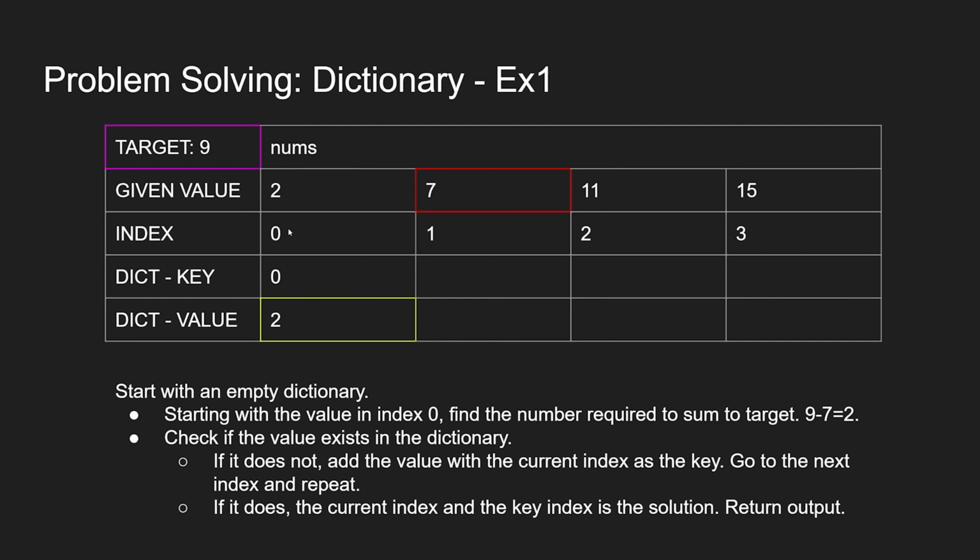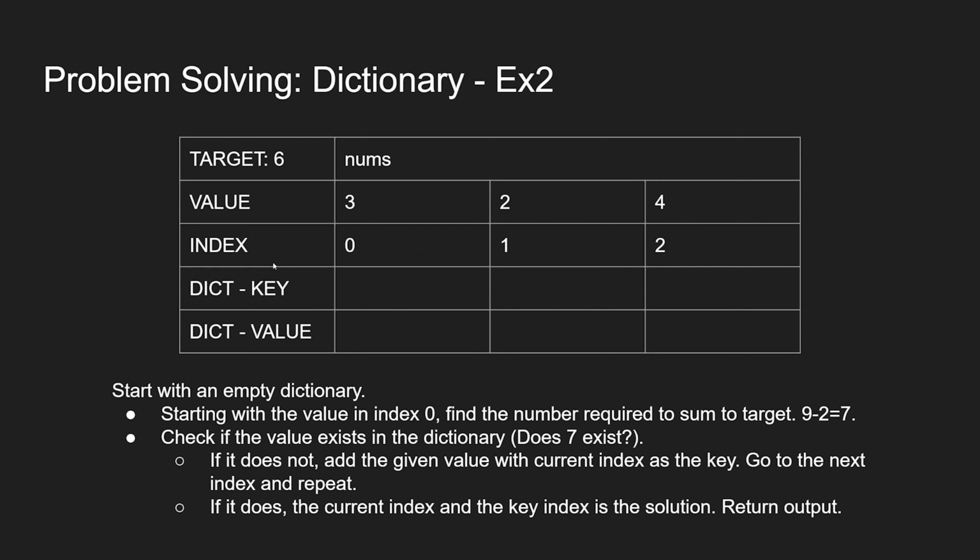It doesn't have to be the first index or the 0th index, but we know that it already exists, and that is the exactly one solution that we found. So this 2 plus 7 is the solution. Now we just need to access the indexes. This index is accessible because this is the current index we are checking, so we always have track of this one. And the other is accessed from the dictionary.